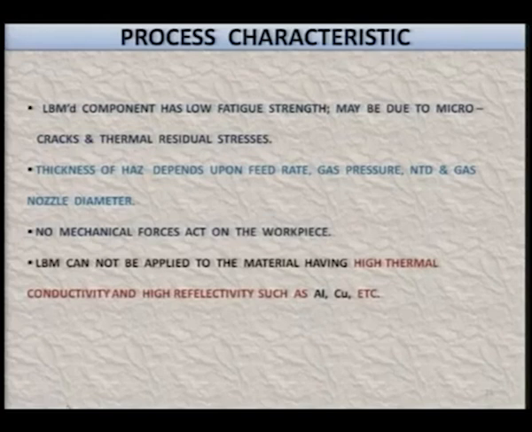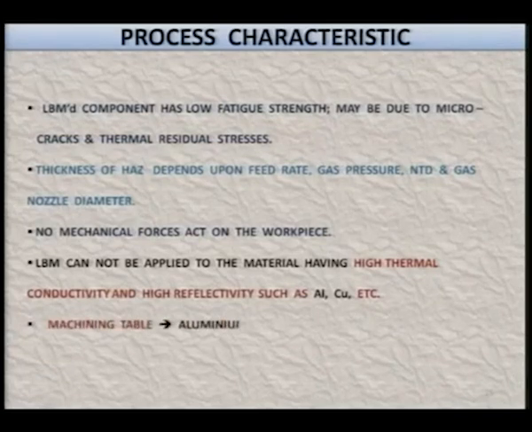Laser beam machining cannot be applied to materials having high thermal conductivity and high reflectivity, as I mentioned in the beginning, especially aluminum, copper and similar other materials, which cannot be easily machined by the laser beam machine.